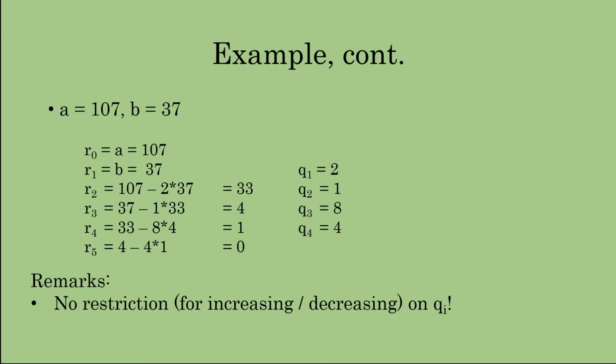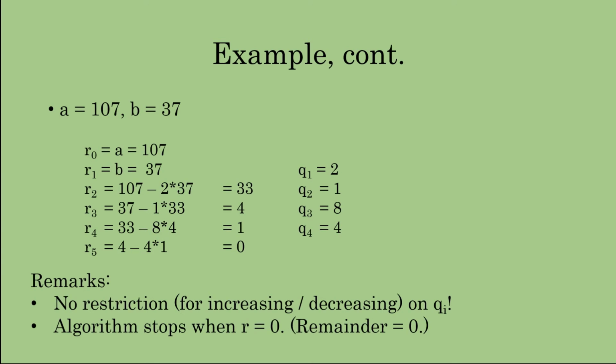So there's no restriction in particular on q sub I. And that's to contrast it essentially with the sequence r sub I, or basically sequence r. Because for r, we want those values to be decreasing strictly. And the algorithm stops when r equals 0. And that signifies, of course, that the remainder equals 0. The remainder of our calculation.